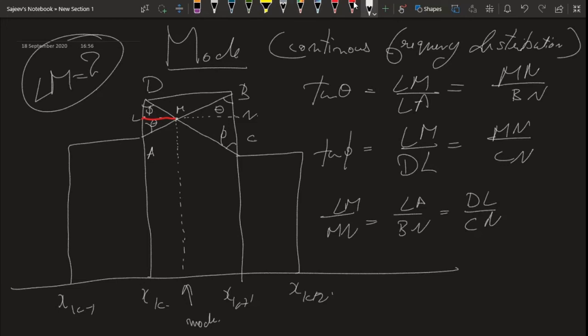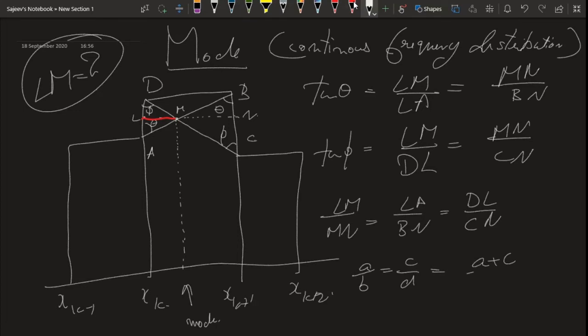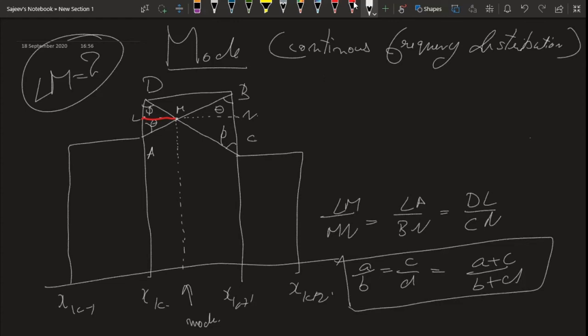Now we are going to use a property. If A by B equal to C by D, then that is also equal to A plus C by B plus D, right? This is actually a formula. We are going to use this here, so let's see what we get.